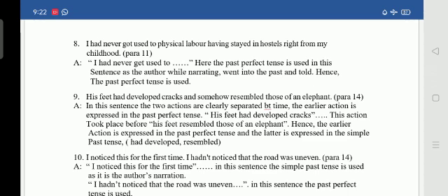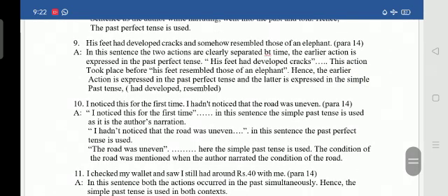Here the past perfect tense is used in this sentence, as the author, while narrating, went into the past and told. Hence the past perfect tense is used. So in this sentence we are using the past perfect tense. Why? Because the author, while narrating, went into the past and told the sentence.